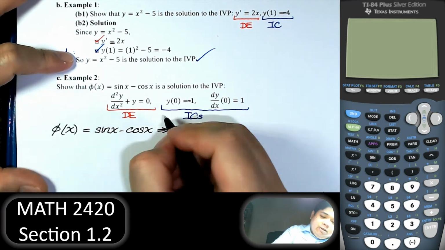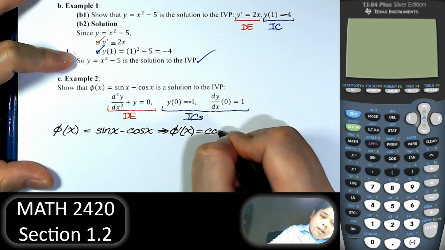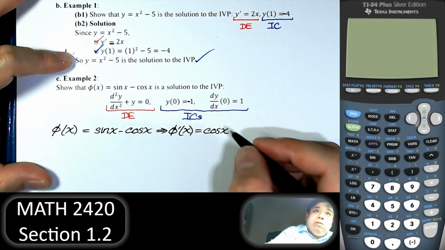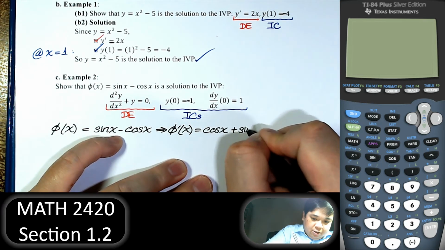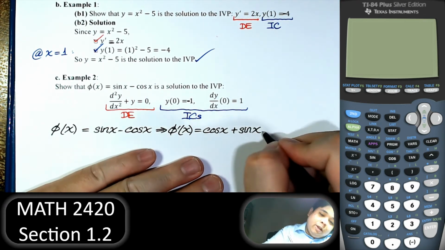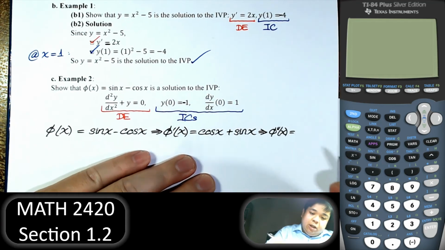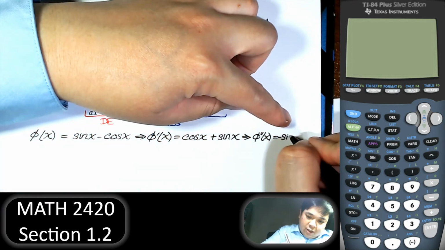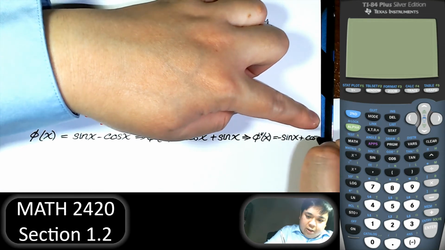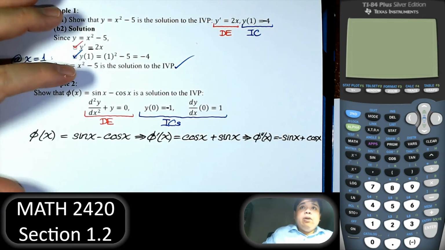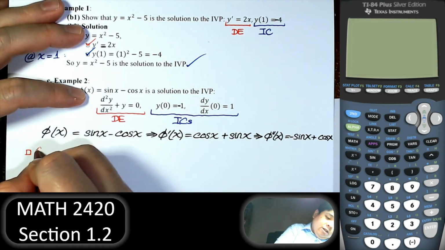And let's take the derivative. The derivative will be equal to cosine x. The derivative of cosine is negative sine, and negative sine makes a plus. And then the second derivative of cosine x is negative sine x, and the derivative of sine x is cosine x. Right. Now first we check for the differential equation.